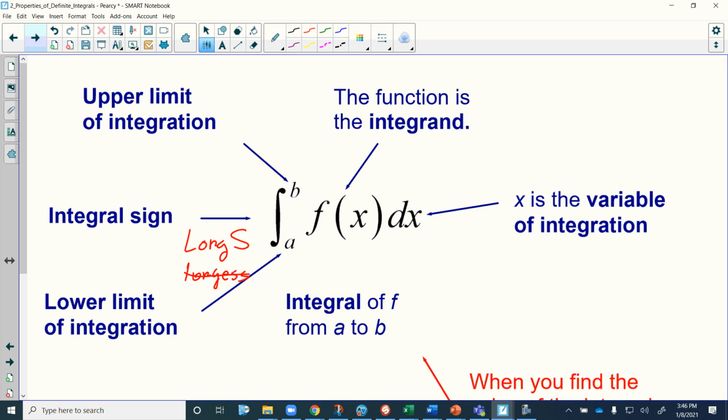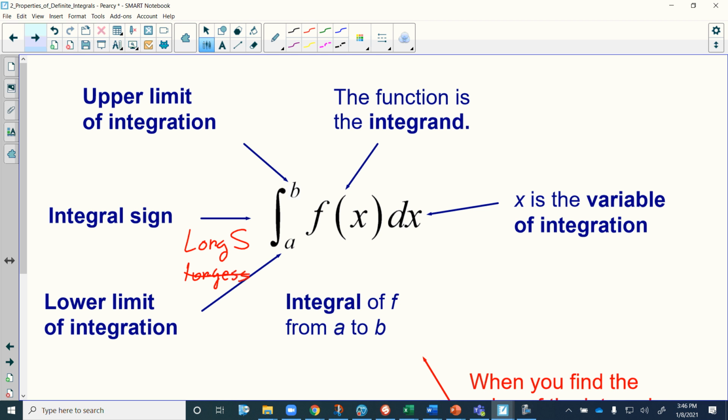The lower part, the A value, is the first value on the interval that you're finding the area under the curve for, the lower bound. The upper bound is the second value of the interval that you're finding the area under the curve for. The upper bound is B. The actual function itself, whatever that happens to be, linear, quadratic, exponential, doesn't make a difference, is referred to as the integrand.